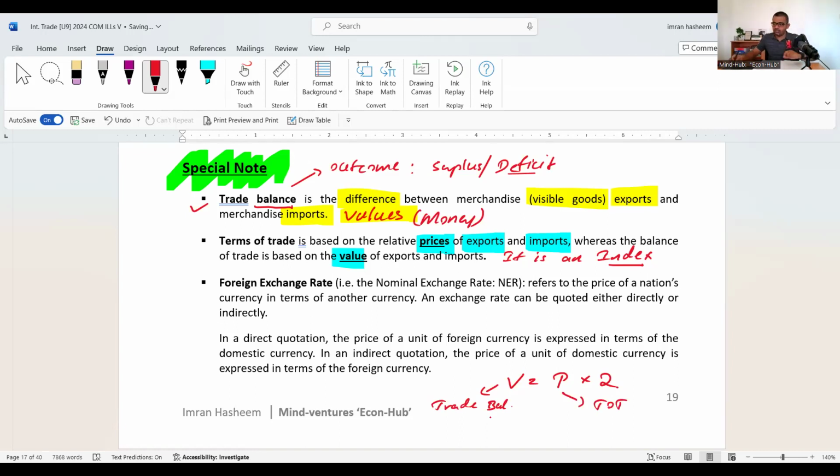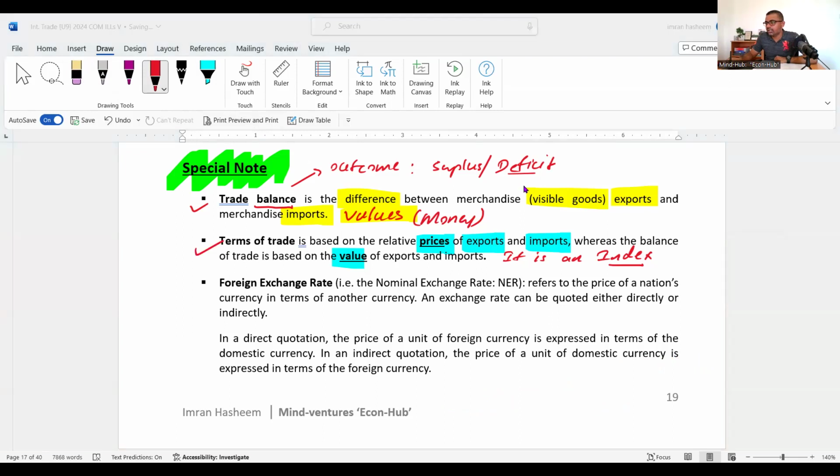So the difference between the two is the quantity. One takes the price, the other takes the value. Value is price into quantity. Are we clear? So these small conceptual, technical differences, they expect you to know in the exam. Okay, done. Any questions you guys can ask?